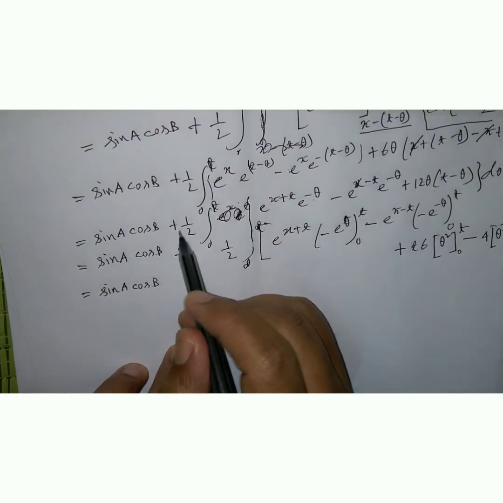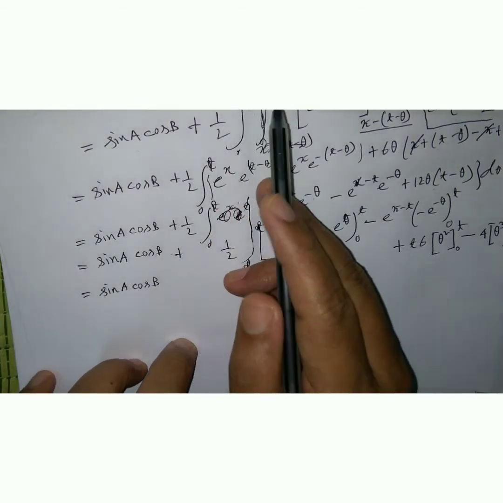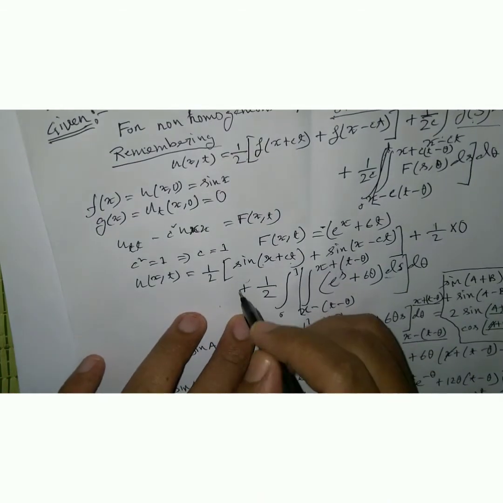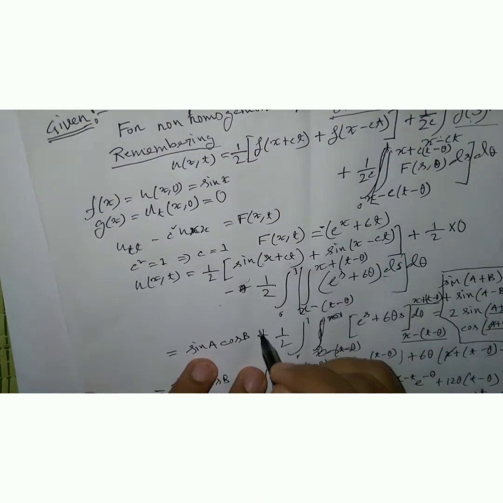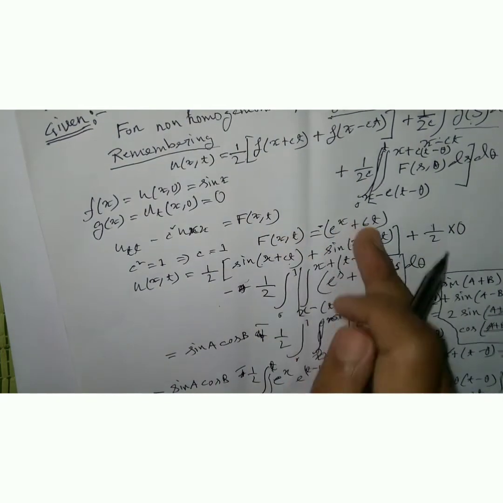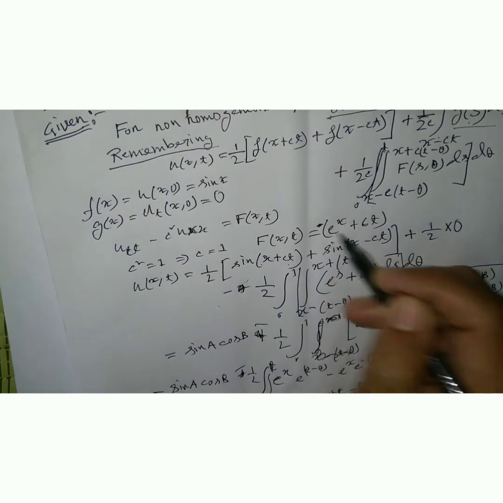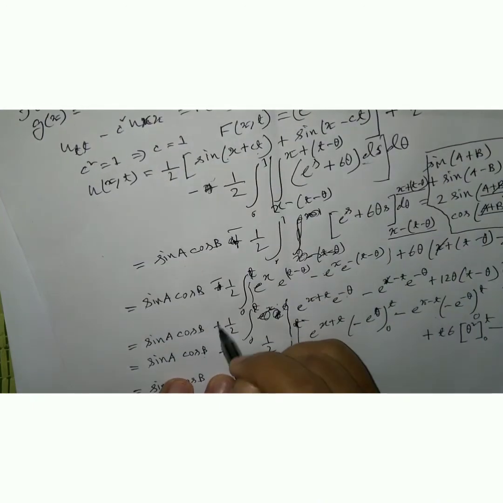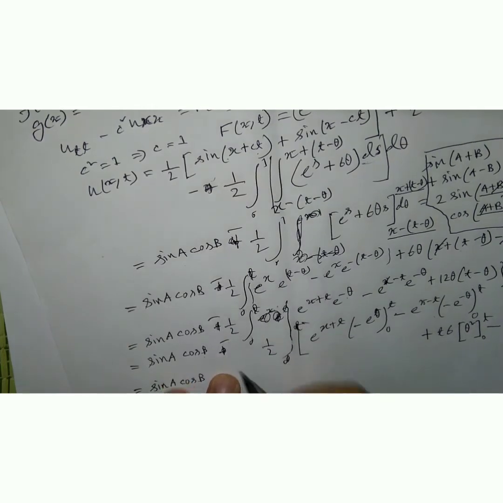Minus, in here also, one of the mistakes: f(x,t) means minus, so it is minus. This value is minus because f(x,t) is equal to minus e to the power x plus 6t, so it is minus, and it is minus, and it is minus.